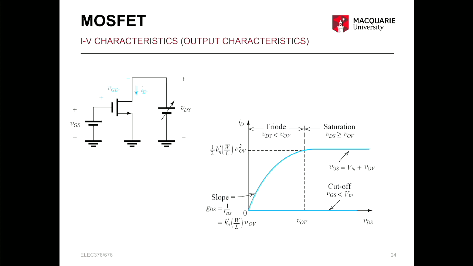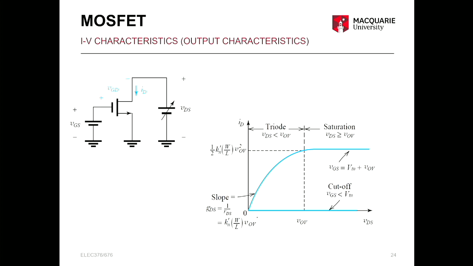Okay. So we have covered this. Just want to refresh your memories. The IV characteristics. This is the output characteristics, VDS versus ID. So VDS is the output voltage and ID is the output current.